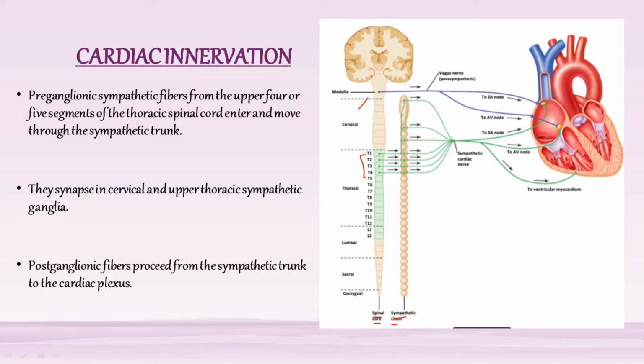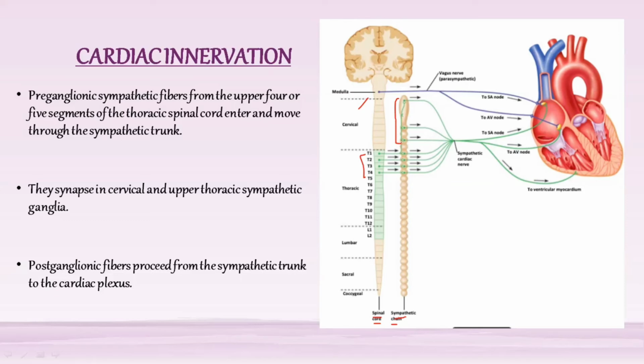Now, when they enter into the sympathetic chain, these preganglionic fibers also move in the upward direction, means into the cervical region. This is the cervical region.